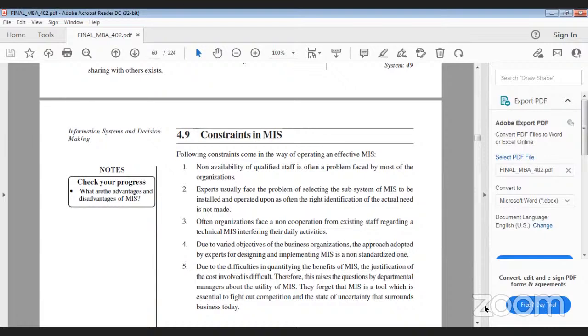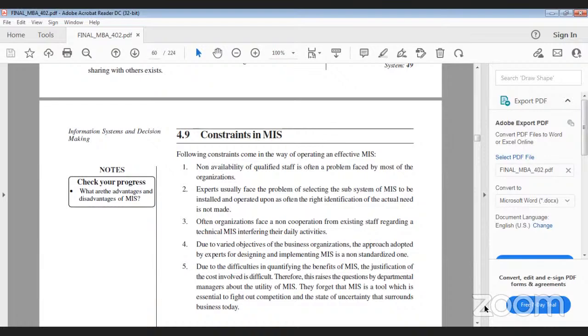Experts usually face the problem of the subsystem MIS to be installed and operated upon, as often the right specifications of the actual use are not made. Often organizations face non-cooperation from staff regarding technical MIS interpreting their daily activities.